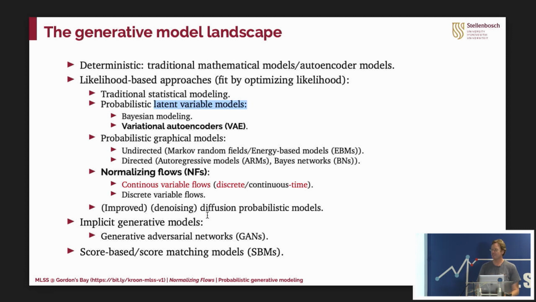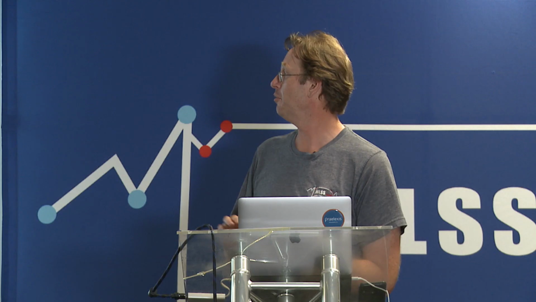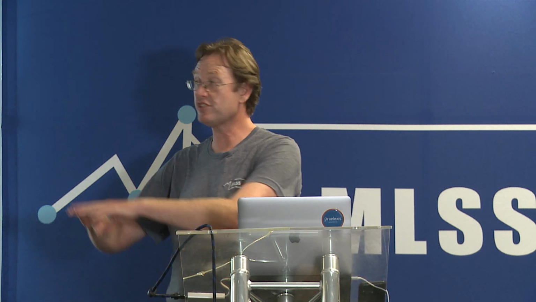Okay, Matthias spoke about diffusion models earlier, just before lunch. And then you've probably all encountered or seen GANs before, which are generative but not probabilistic in a sense, although there's an implicit likelihood. And then score-based models. So there's this whole gamut of possible generative models one can talk about.